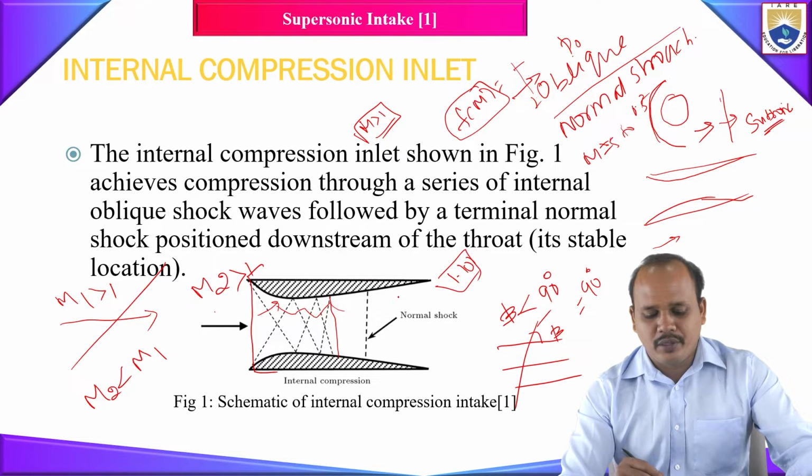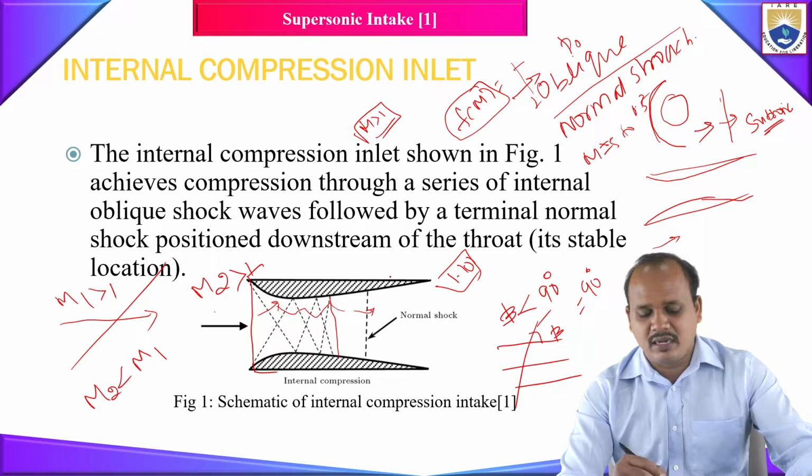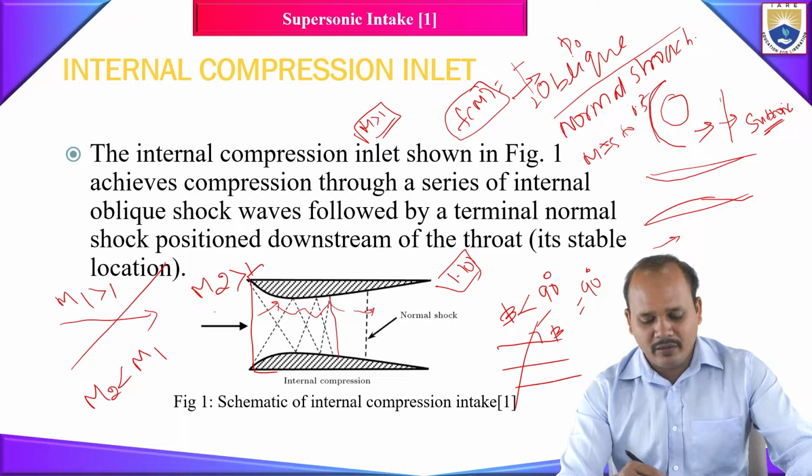When the normal shock wave forms there, it will have the weakest strength. So when the flow is crossing that normal shock wave, the loss in the total pressure will be very, very less. After your flow becomes subsonic, it enters a divergence section, where it will be further decelerated and reach the Mach number required.